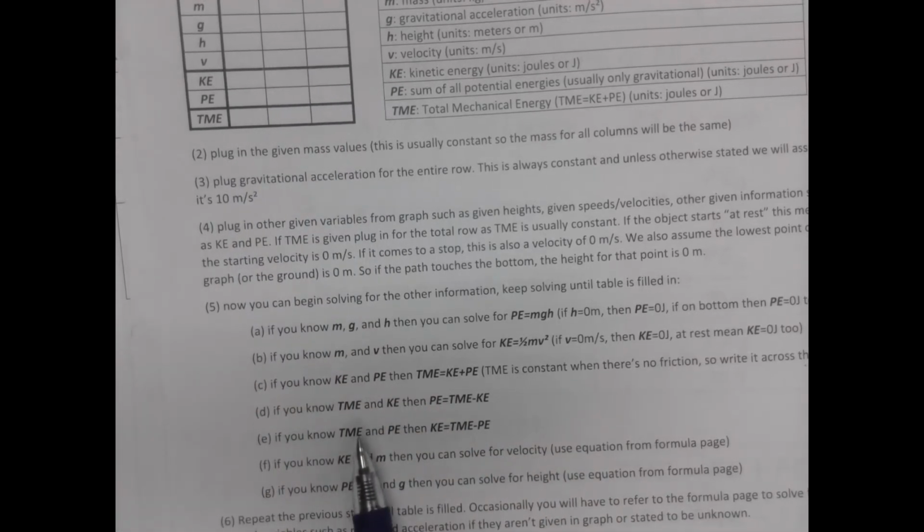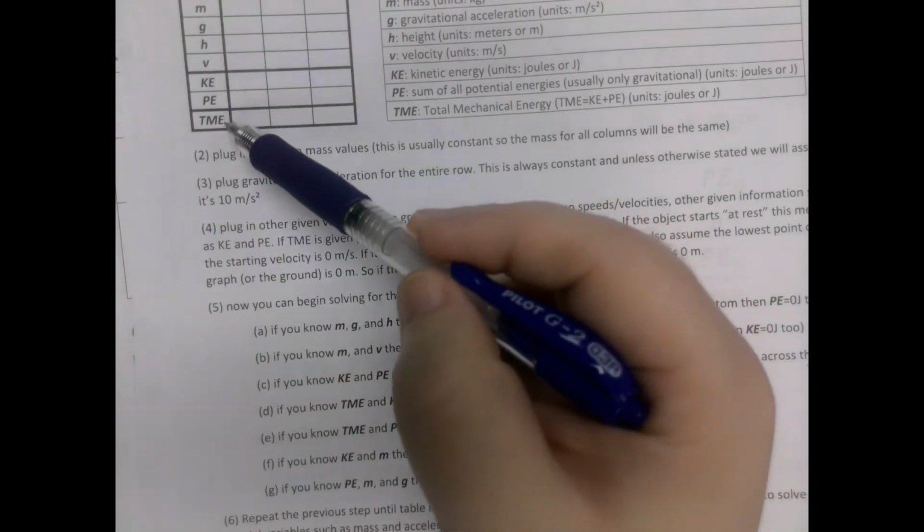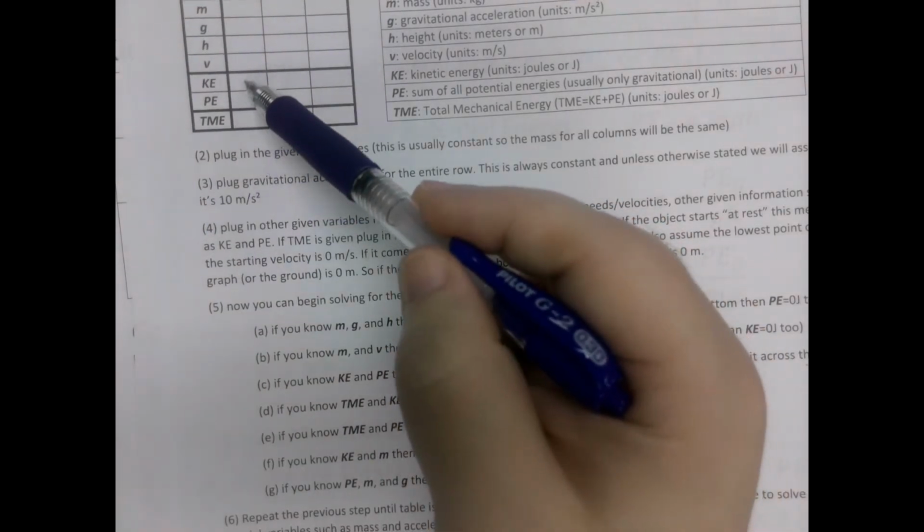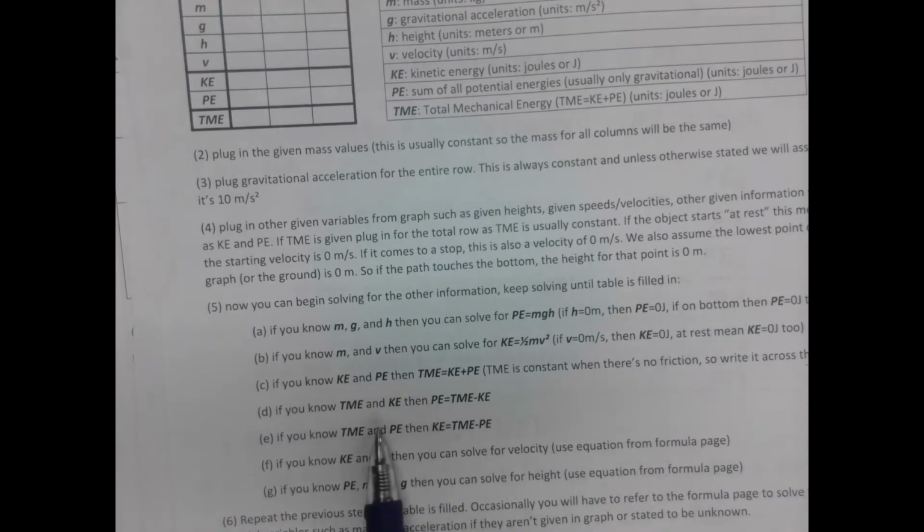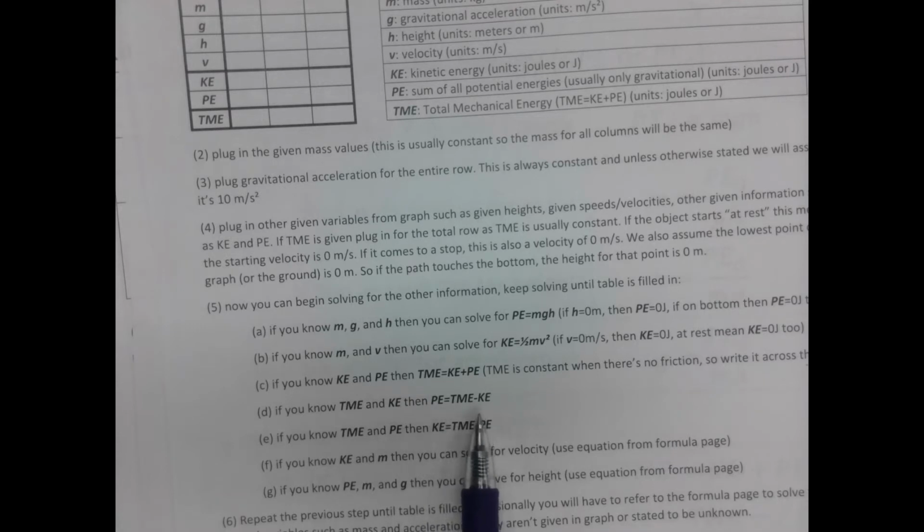If you know total mechanical energy and one of these, you can solve for the other. So if you know kinetic energy and TME, then potential energy is just total minus kinetic. If you know potential and total, kinetic is total minus potential. And if you know kinetic energy and mass, you can solve for velocity using the equation on the formula page.